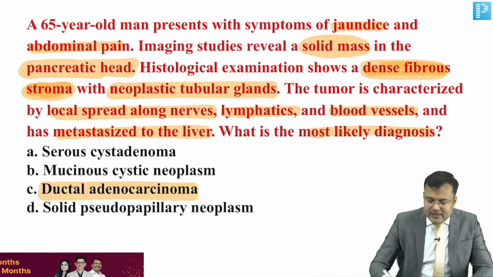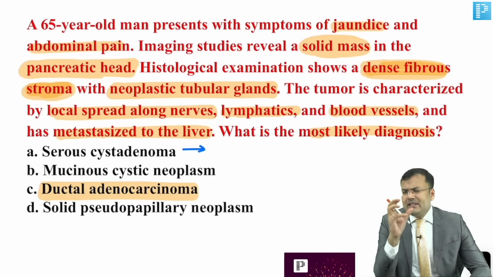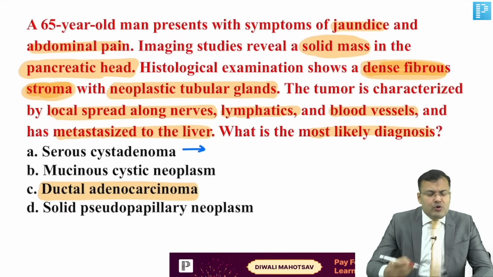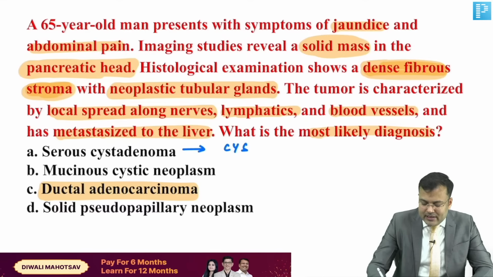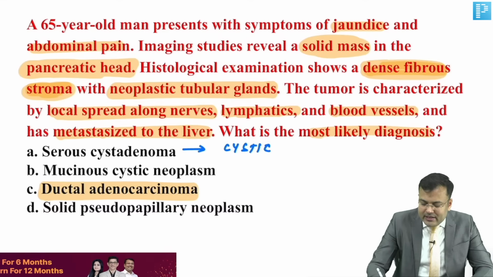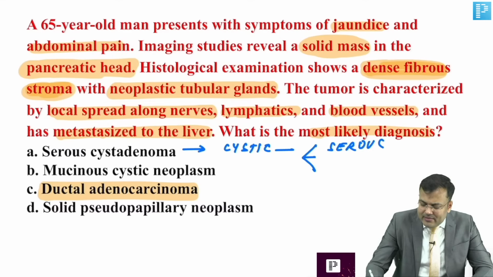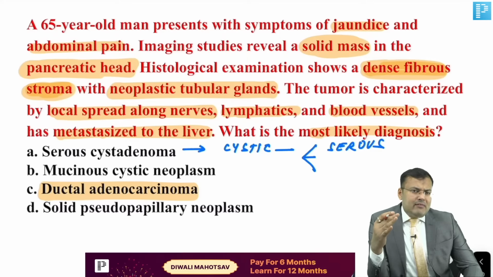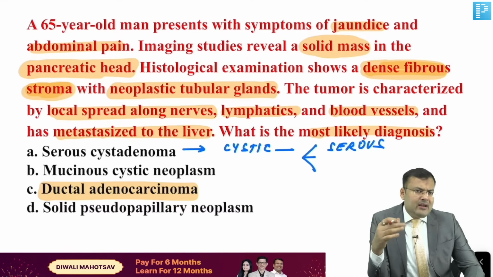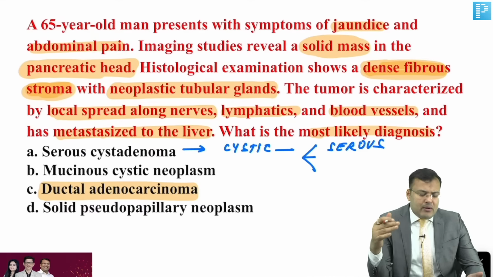Serous cyst adenoma, you know that this is a cystic neoplasm. If you aspirate, there will be serous content. Can anybody tell me, in serous cyst adenoma, will amylase level be normal or high? And the tumor marker CEA, will it be normal or high?